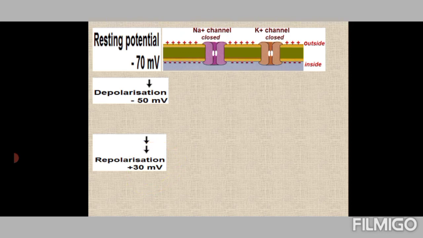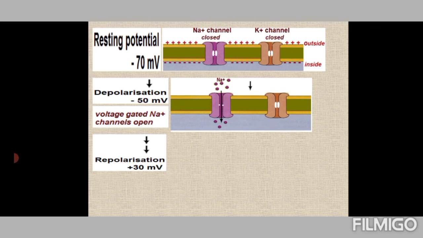So, at around minus 45 to minus 50, the voltage-gated sodium channels are opened like this, and sodium gets into the cell like this. And at this time, the potassium channel remains closed. And at around plus 30 millivolts, the sodium channels are closed and the voltage-gated potassium channels are opened like this.